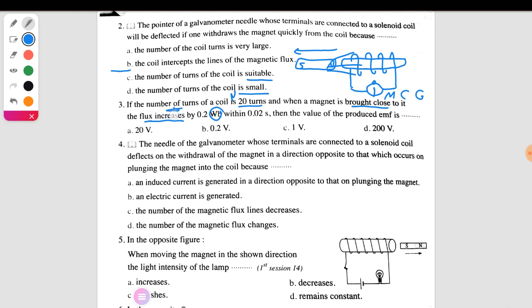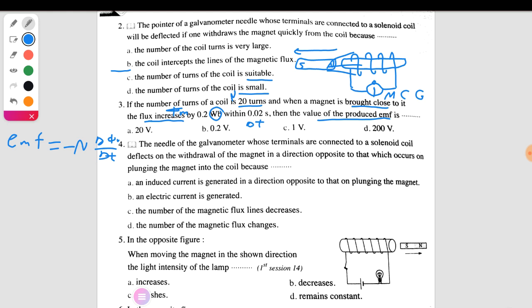This is magnetic flux phi m during time delta t, with the value producing EMF according to Faraday's law: EMF induced equals minus n delta phi m over delta t.